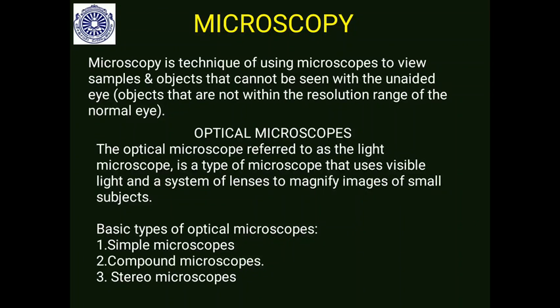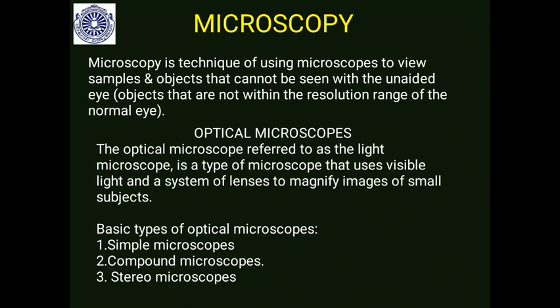These microscopes are part and parcel of biology practicals. Optical microscopes are referred to as light microscopes, a type of microscope that uses visible light and a system of lenses to magnify images of small objects.